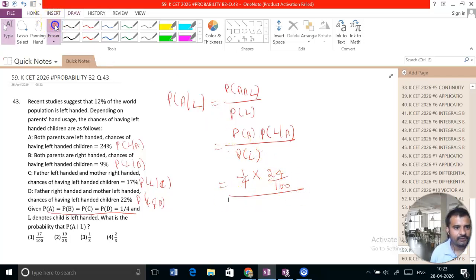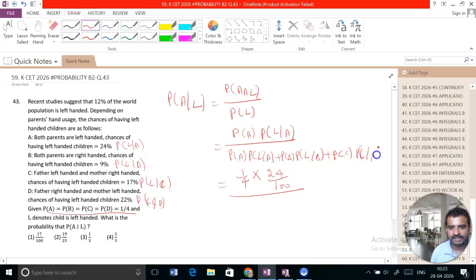And probability of left-handed, we have to write probability of A, probability of left hand given A plus probability of B, probability of left hand given B, probability of C, probability of left hand given C plus probability of D, probability of left hand given D. Here we can take 1 by 4 outside, because probability of A, B, C, D all are 1 by 4.